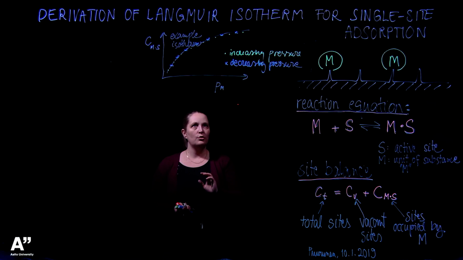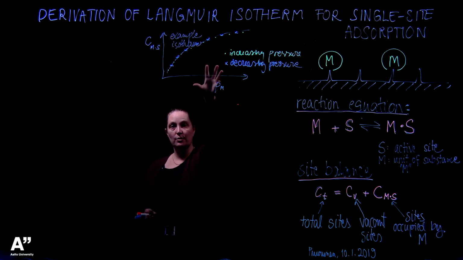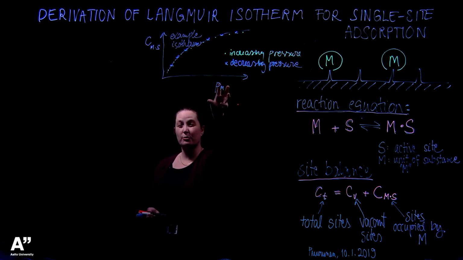So we want to have a model isotherm, Langmuir isotherm, to interpret those experimental results. How do we derive it? We will start considering the rates of reactions. So this isotherm is for an equilibrium situation, so it's the concentration as a function of partial pressure at equilibrium at a constant temperature.